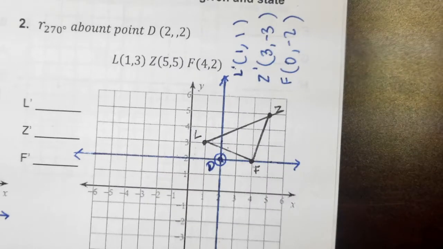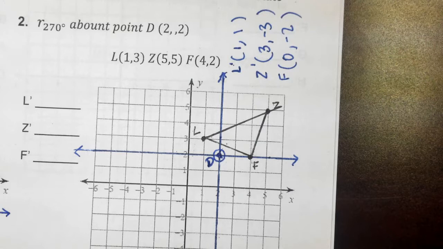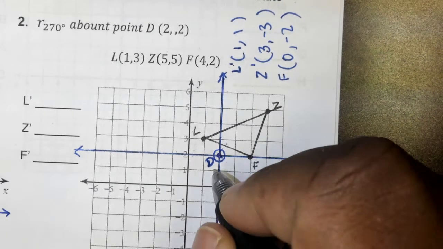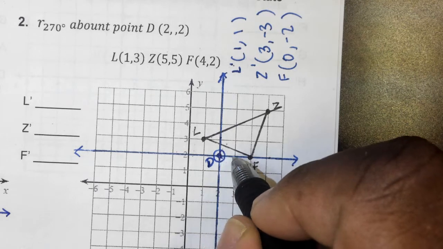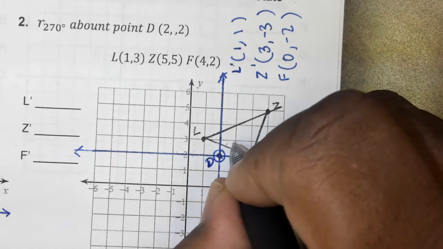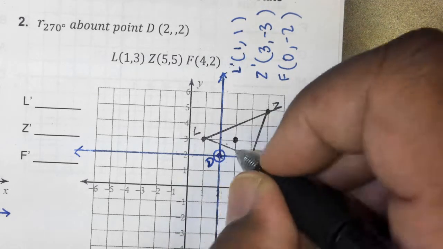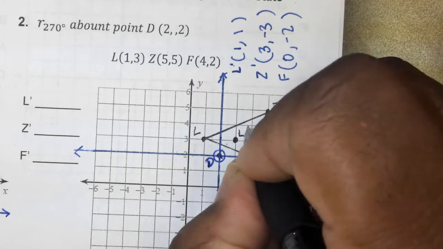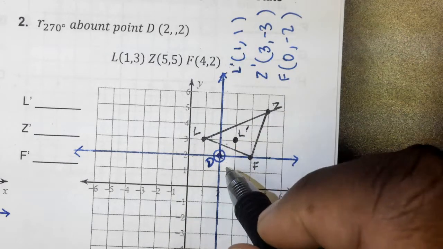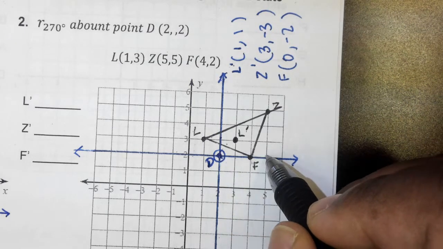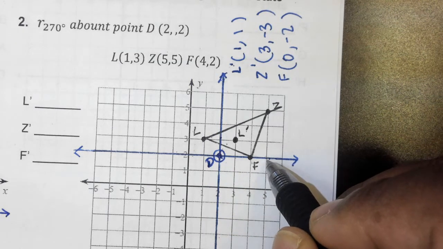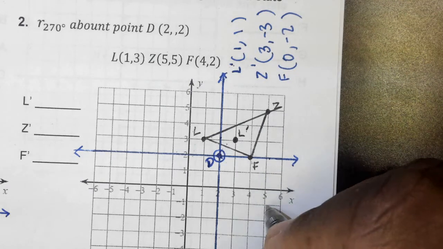And then from that center of rotation, graph these points. I said L prime would be over 1 and up 1 here. Z prime would be over 3, 1, 2, 3 to the right, and then down 3, 1, 2, 3.